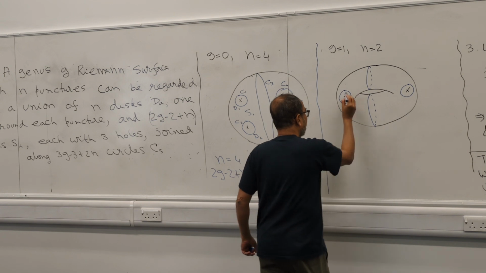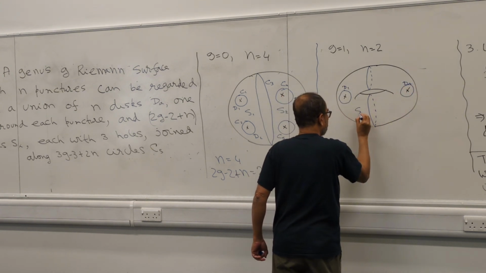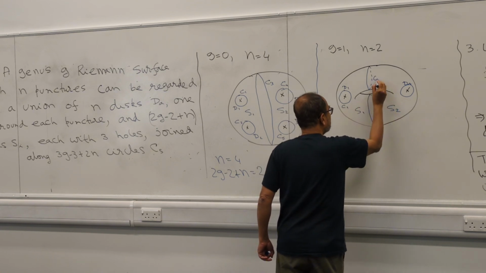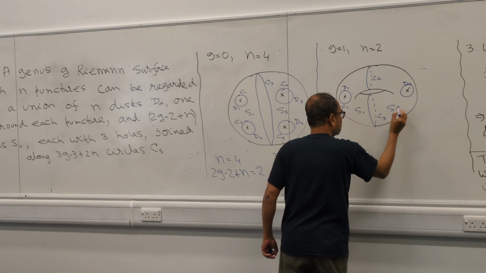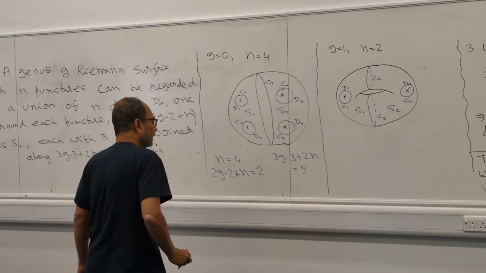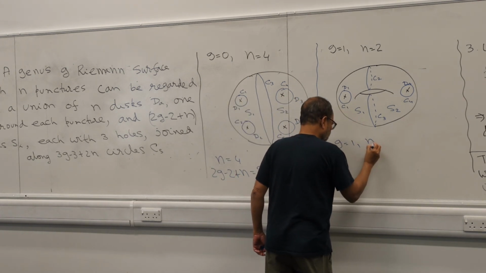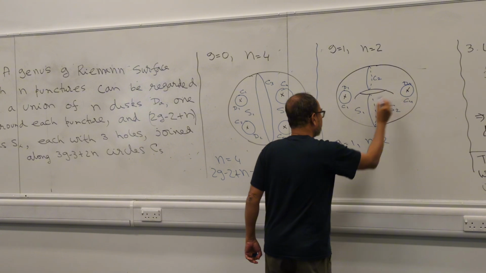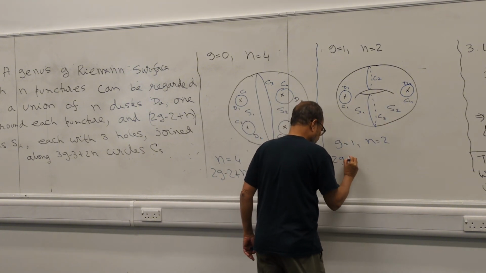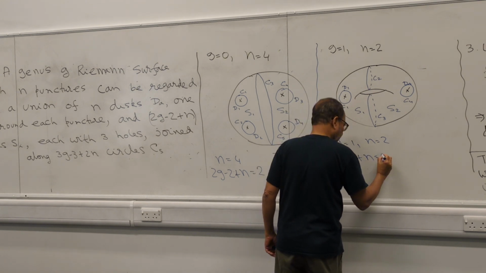Okay, so we have D1, D2, S1, S2, and circles are C1, C2, C3, C4. Okay, and we can now check. So this is G equal to 1, N equal to 2. So N equal to 2 means 2 discs. 2G minus 2 plus N, that is 2, right?